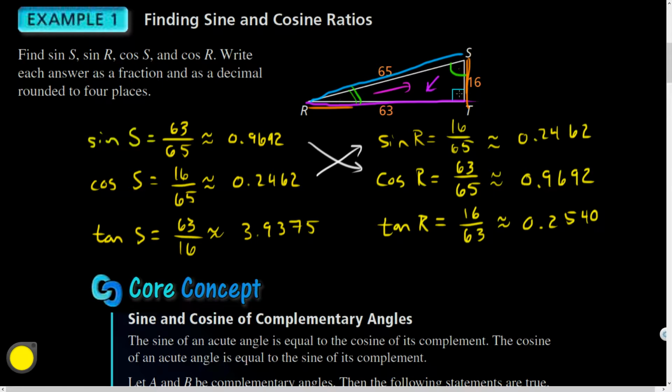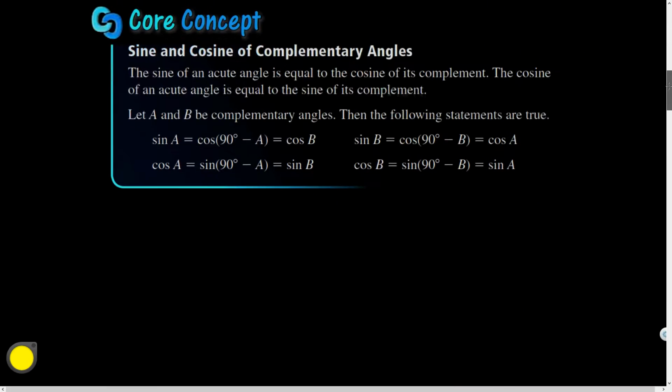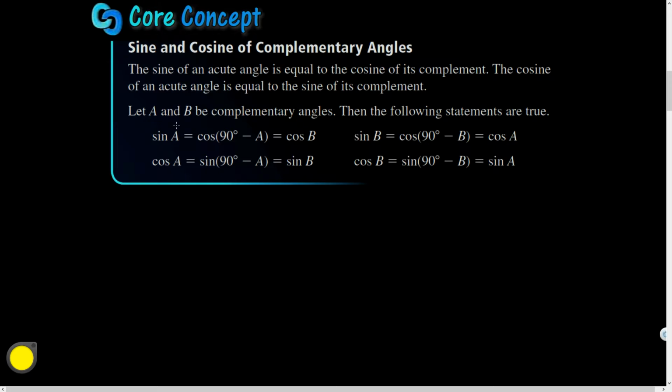Yeah, 180 minus 90 is 90, so it's like a corollary of the triangle sum theorem. So it turns out that the sine of angle A is going to equal the cosine of 90 minus A. If I find the complement of angle A, that's going to be the same. And then they rewrite that a whole bunch of different ways, but we're fine.